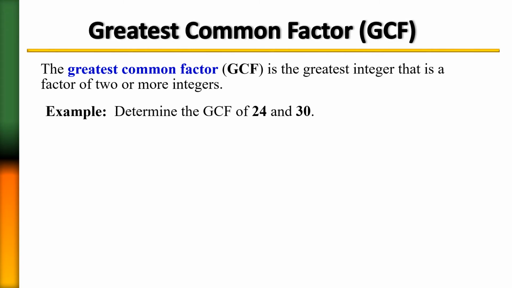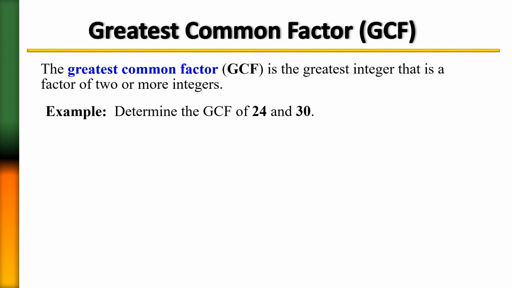In other words, I want to know what is it that 24 and 30 have in common. What is it that they share in common? Well, they might share a lot of things, but I want to find the GCF. I want to know what is the greatest common factor of those numbers.